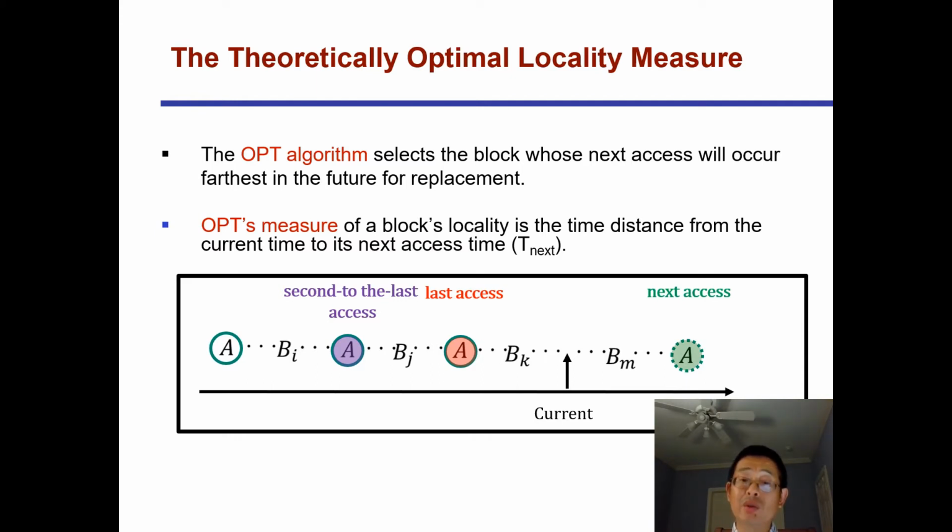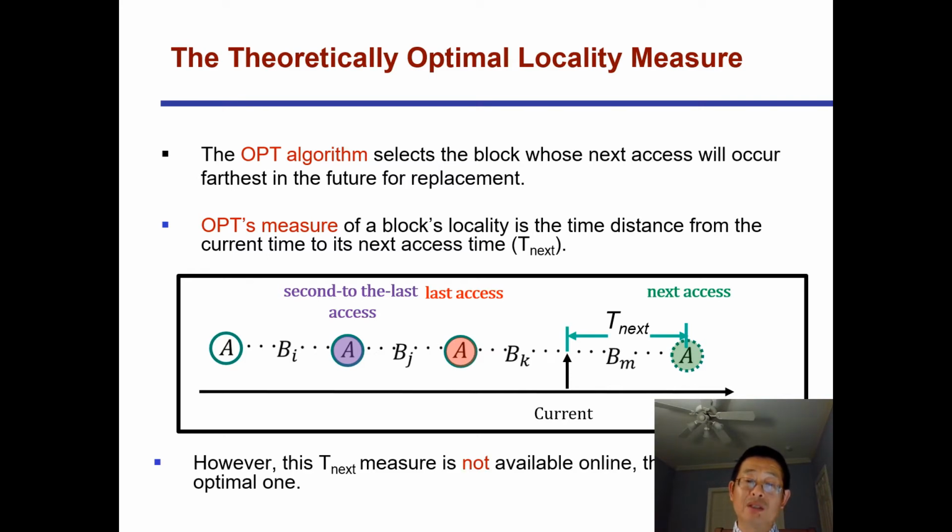OPT's locality measure is the time distance from the current time to its next access time, tnext. A block of the smallest tnext has the strongest locality, and a block of the largest tnext has the weakest locality and is the replacement candidate. As OPT has been proved to be the optimal algorithm, tnext is the optimal locality measure.